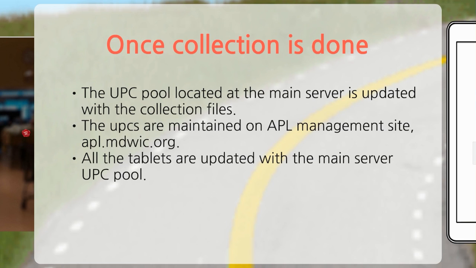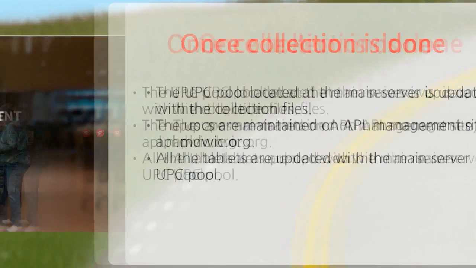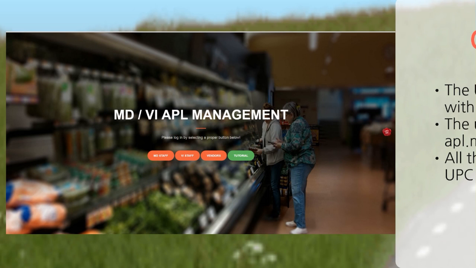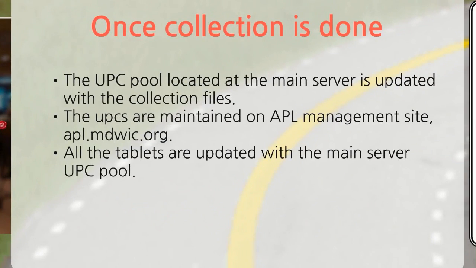All the UPCs in Maryland are maintained in the APL management site. And the UPC pool is also located in each tablet, so all the tablets need to be updated with the main server UPC pool.